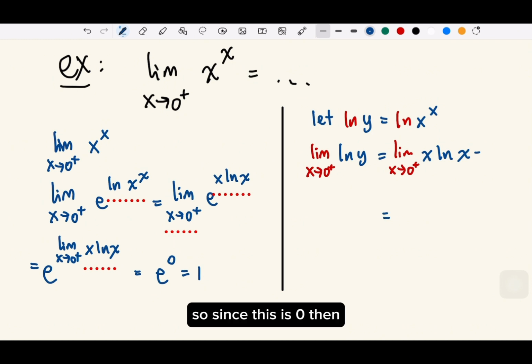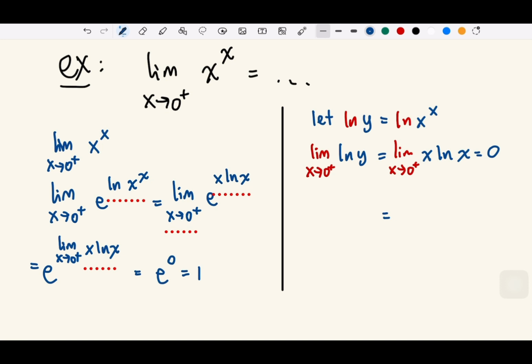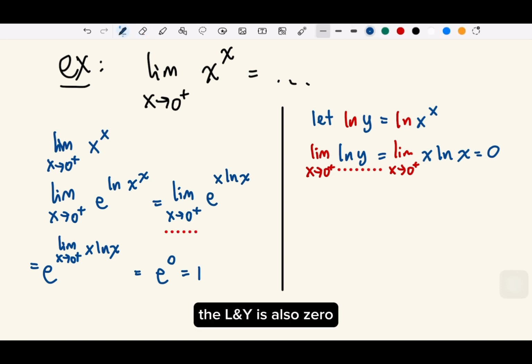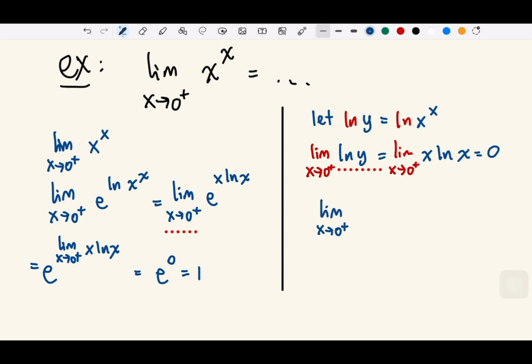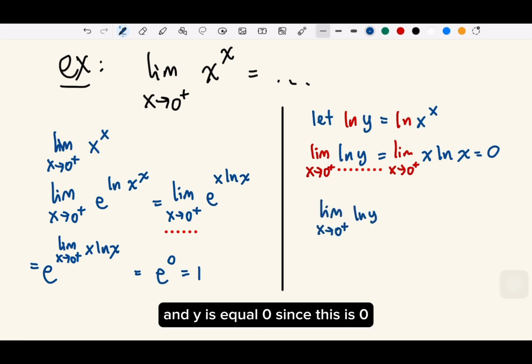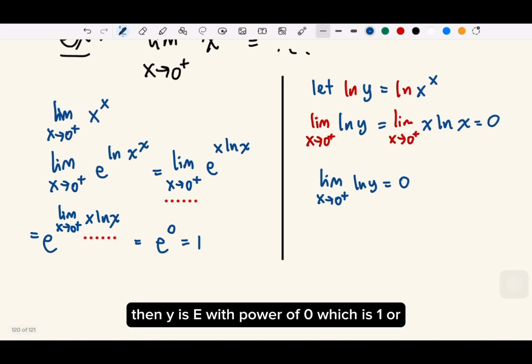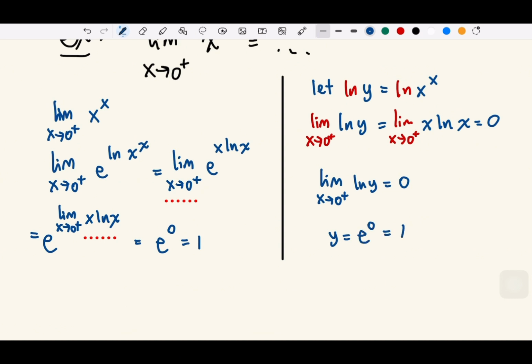So since this is 0, the limit of ln y is also 0. Since this is 0, then y is e with power of 0, which is 1.